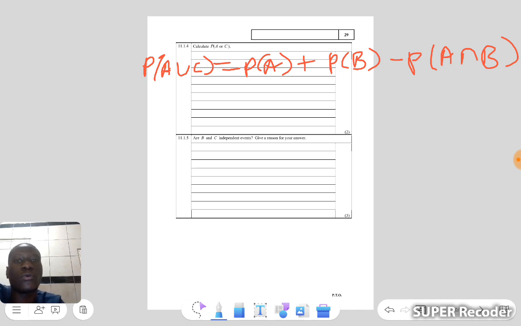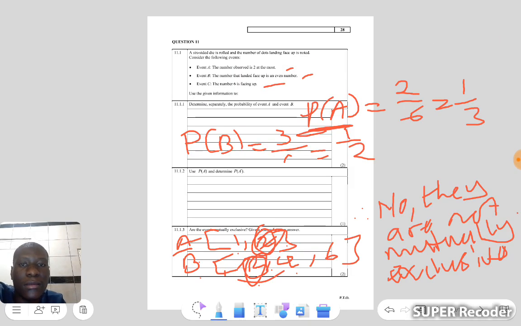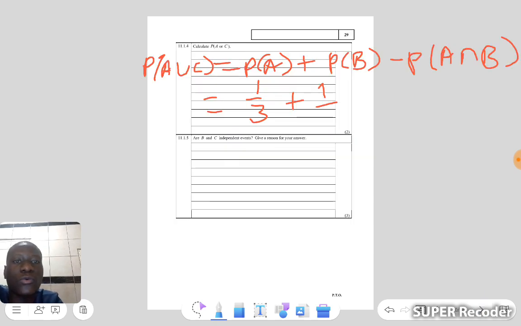So if we remove this, probability of A, I think we found in the previous one, it was 1 over 3 plus probability of B. The probability of B was 1 over 2, minus 0. Why do we say this is 0?